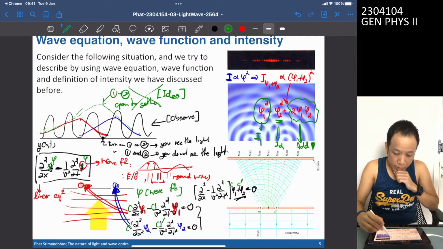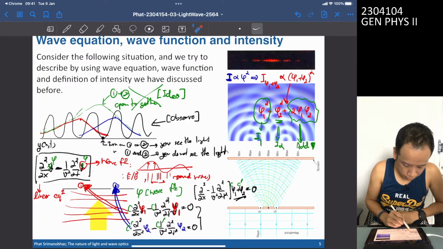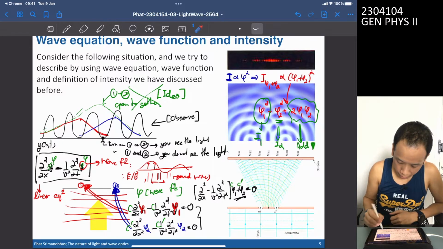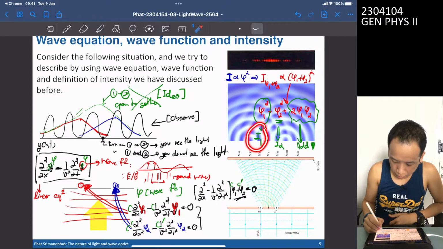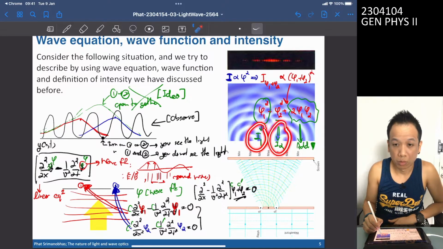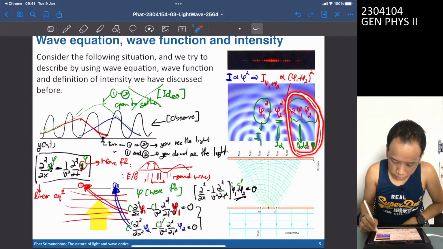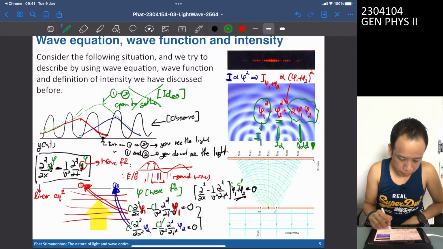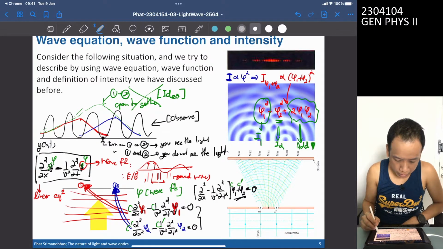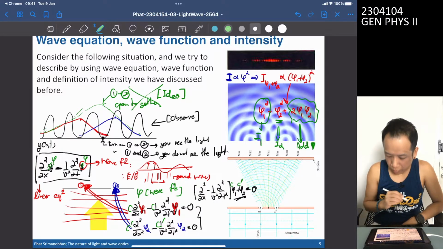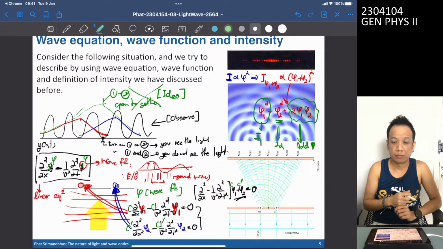So you can really see that now when you turn on two lights, it's not just the sum of the intensities from both sources. It also has another term, another factor, that comes into our consideration.